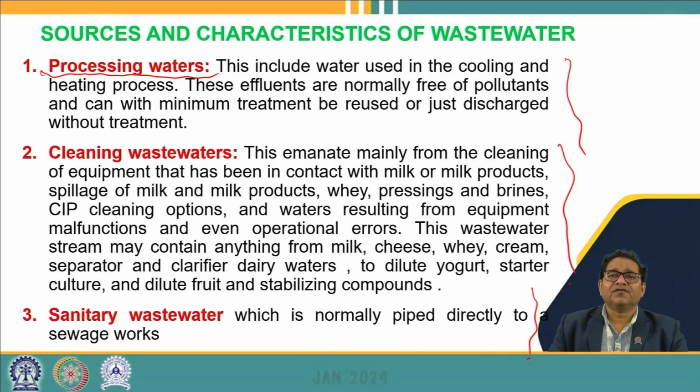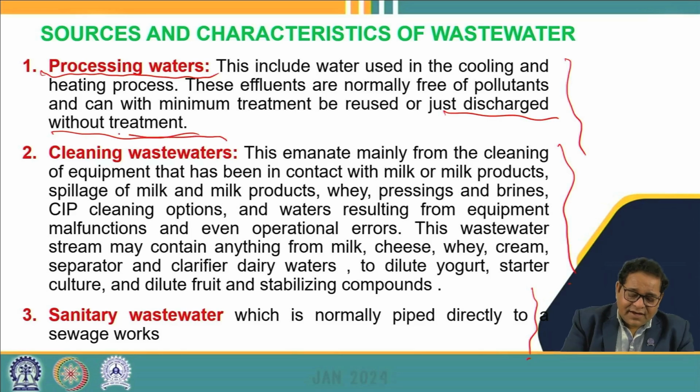These effluents are normally free from pollutants, so they can be recycled with minimal treatment for reuse within the plant. Sometimes, if no storage is required, they can also be discharged without any major treatment.